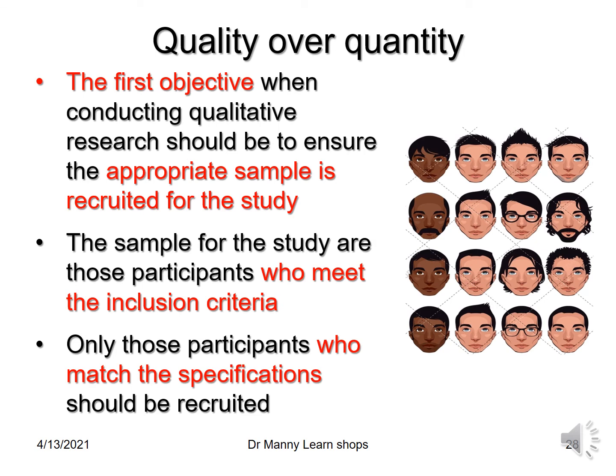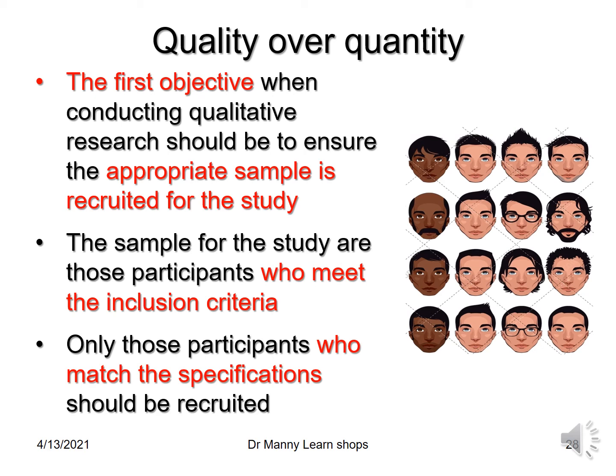Quality over quantity. The first objective for you as a qualitative researcher is to ensure that you've got the appropriate sample being recruited for your study. There's no point recruiting adolescents if you're doing research about geriatrics.